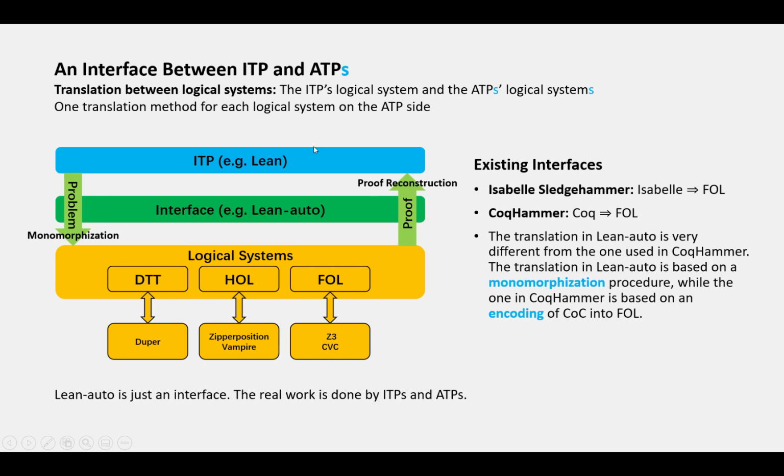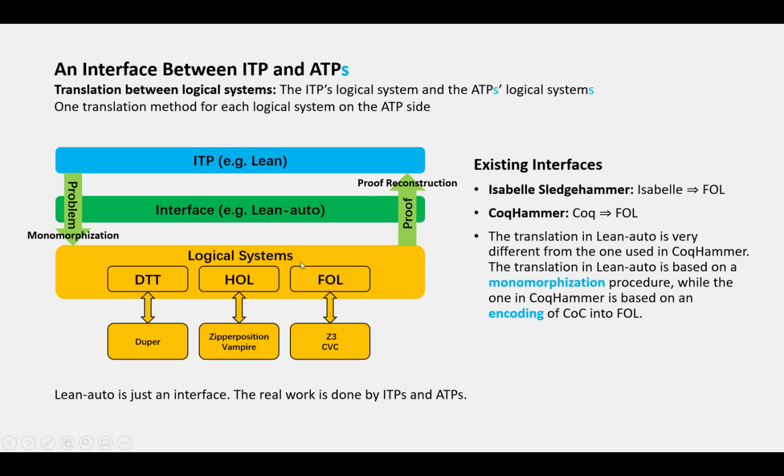In the case of LeanAuto, it translates from Lean to higher order logic and first order logic. The translation is twofold. First of all, you need to translate the problem from Lean to the target logical system.